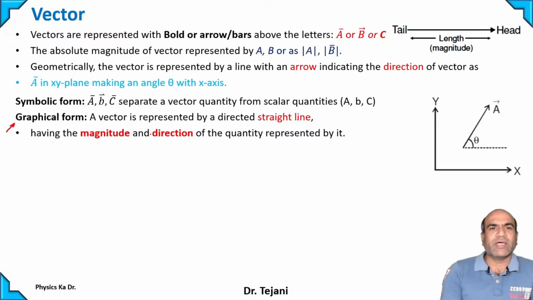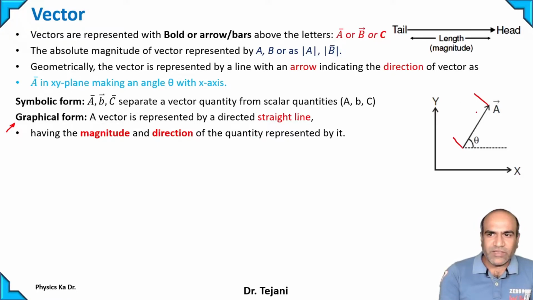Graphically, a vector is represented by a straight line having some magnitude, where the length represents the magnitude, and the arrowhead represents direction.